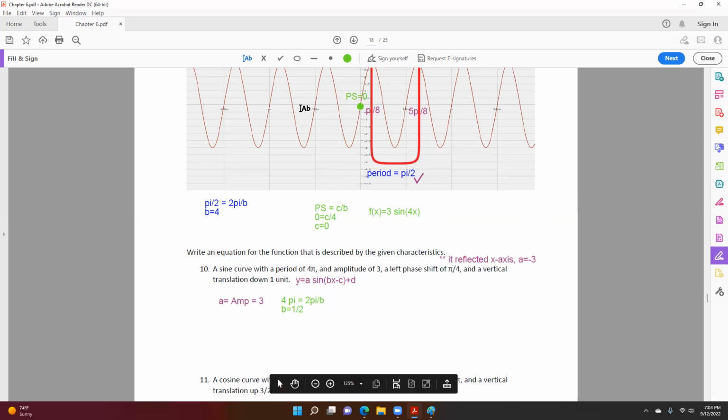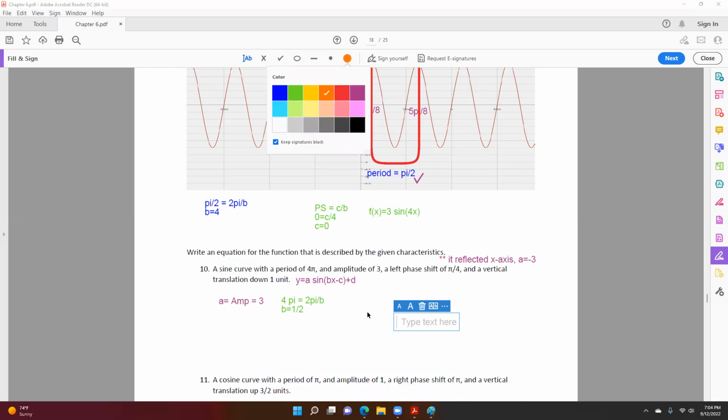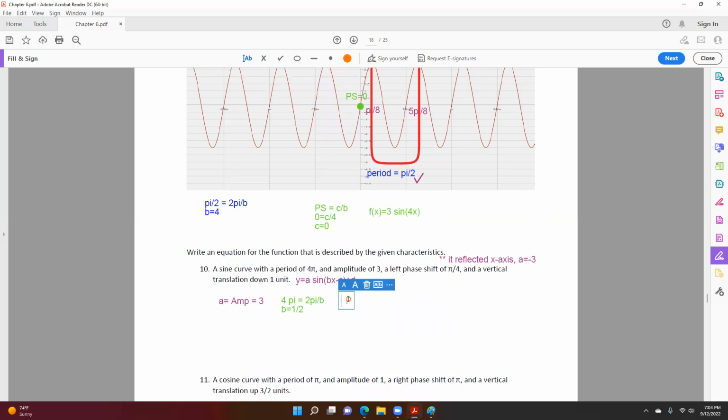Next, we have to do phase shift. Phase shift depends on C and B, so you need to know your C. Phase shift in this case is C over B, and we know B in this case is 1/2. Now this question is telling us that your phase shift is moving to the left. This is super important: left of pi over 4.